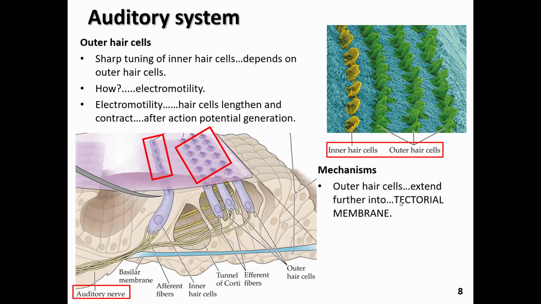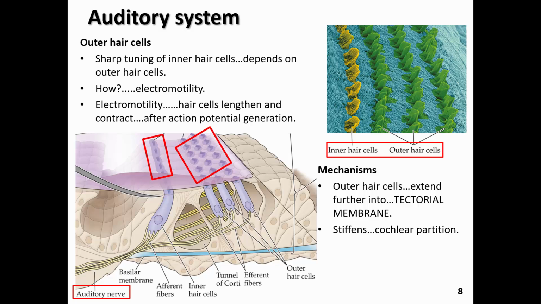So the outer hair cells, as you can see, both in the upper right-hand electron micrograph, the bottom left-hand picture here, I think conveyed a little bit better here on the top right-hand corner, where you see that these greens are projecting a little bit further into the tectorial membrane than the yellow ones. So they do extend further, and in doing so, when these cells are activated efferently, they will tend to make the cochlear partition more stiff. Now, that does not mean that the cochlear partition will not move and not create shear.